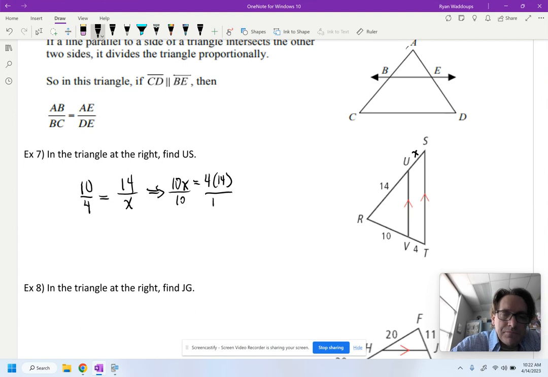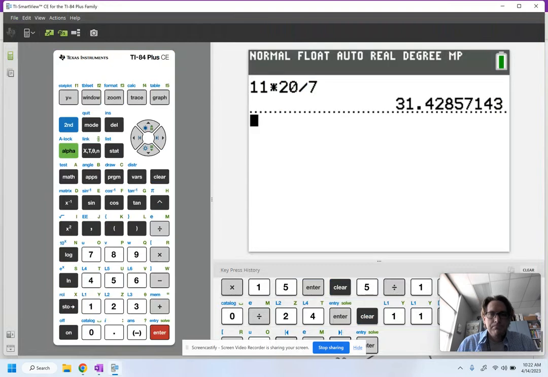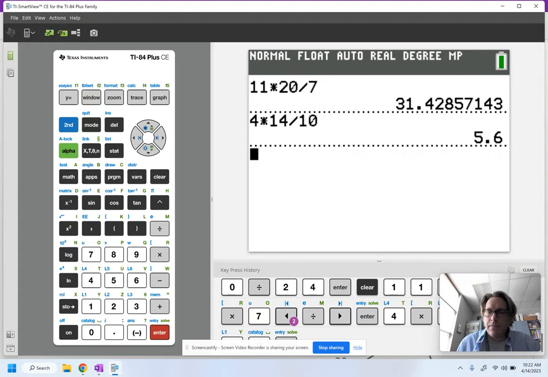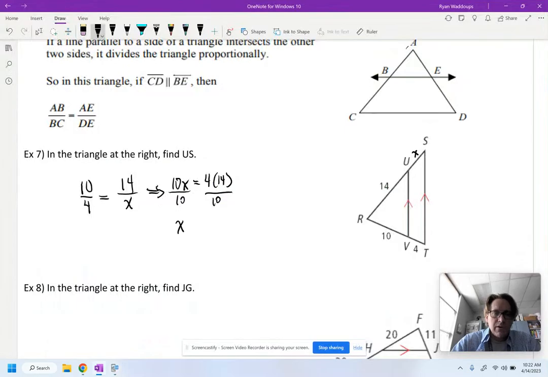Divide both sides by 10. X then is approximately equal to 4 times 14 divided by 10. And that gives us 5.6. So X is equal to 5.6.